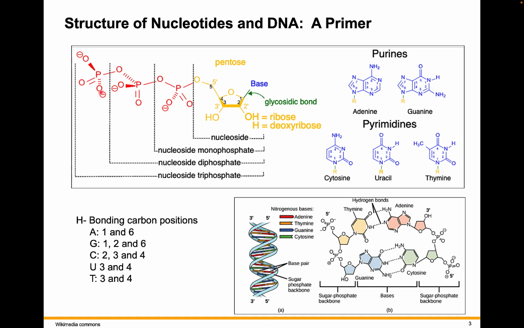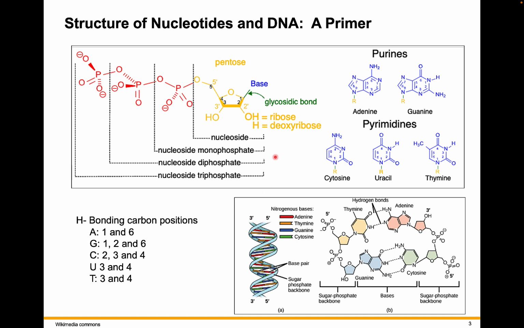We call these the alpha, beta, and gamma phosphates. Now, in the DNA, only the base, the sugar, and 1 phosphate are incorporated, so it's basically in the nucleoside monophosphate form. On the other hand, the raw material is always in a triphosphate form, and we call them nucleotides.